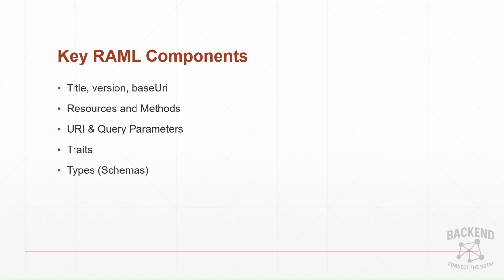The base URL is the basic URL to access your API endpoint, and the resources and methods are nothing but your endpoints and their methods. You can also derive URI parameters in the RAML for the endpoint you want to mention. I will show you in the further development, and the query parameters as I mentioned, and traits and types I will show you later.